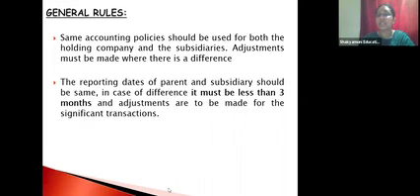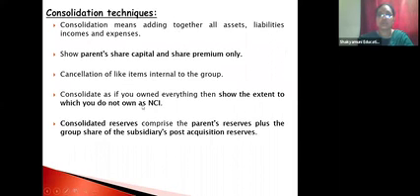If any significant transactions are there for the 3 months, that has to be adjusted, right? So this also will not be tested in the F7 paper, but you should know this theory. Reporting date should be the same. In case of difference, the difference should be less than 3 months. So these are general rules and consolidation techniques.